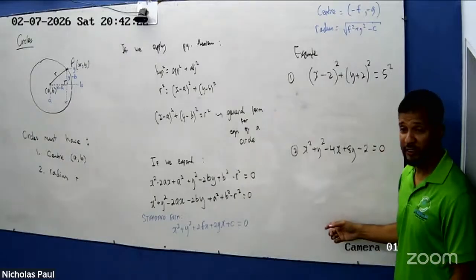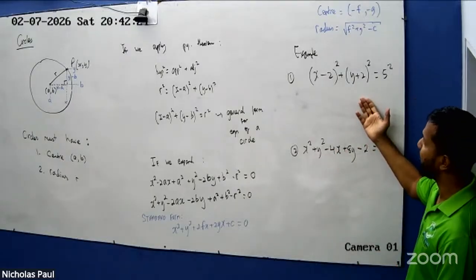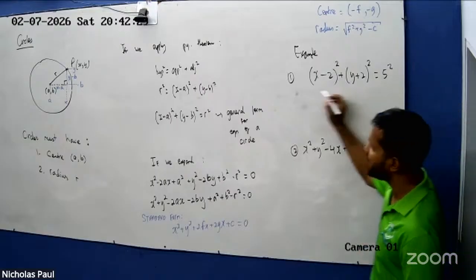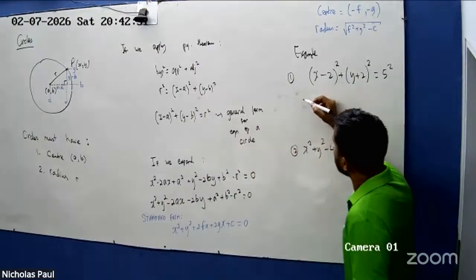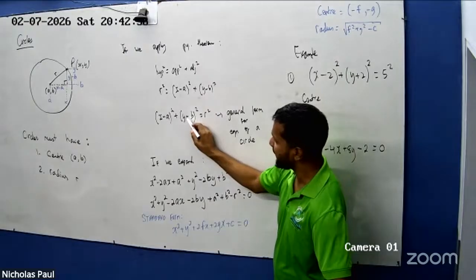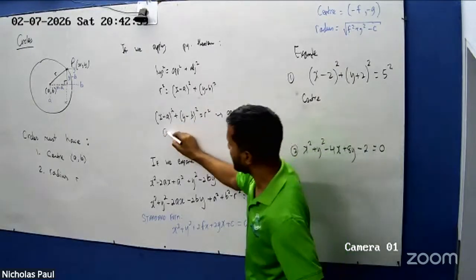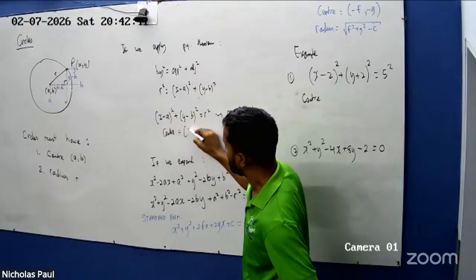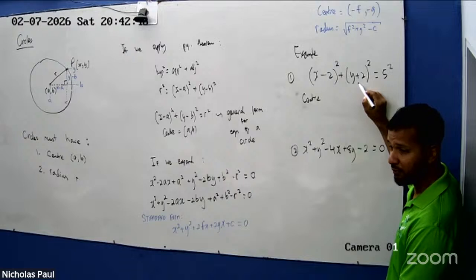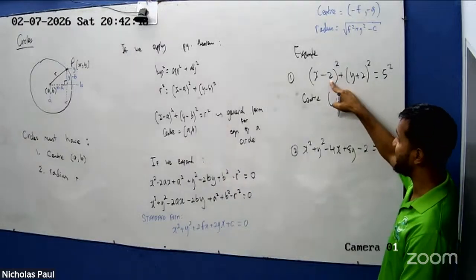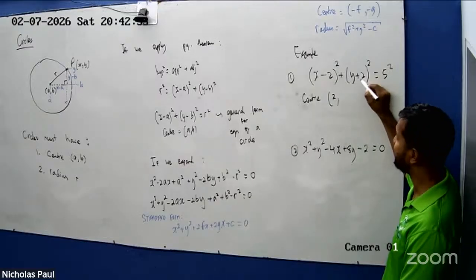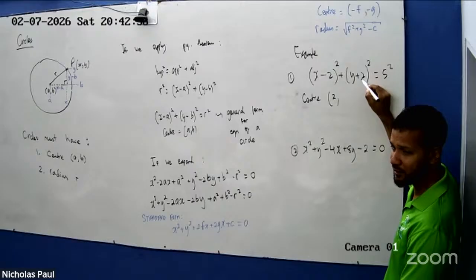Watch this. How do I use this to help me find the center and the radius? What we have to do now is compare to this form. How do I find the center? If I have minus and minus, my center is (a, b). But here I have minus and plus. So my center x value is 2. What do you think the y value is, plus 2 or minus 2?